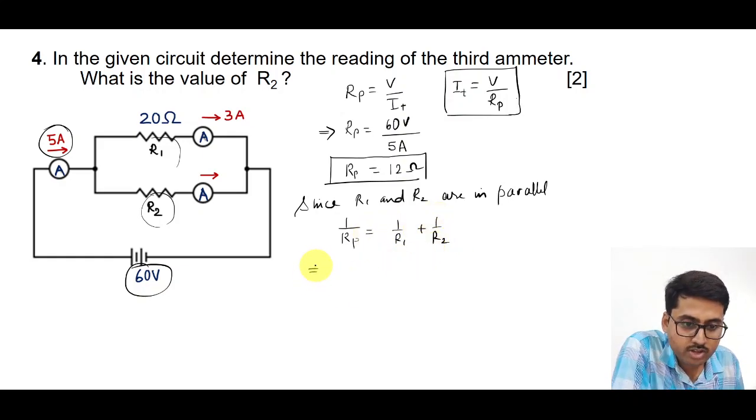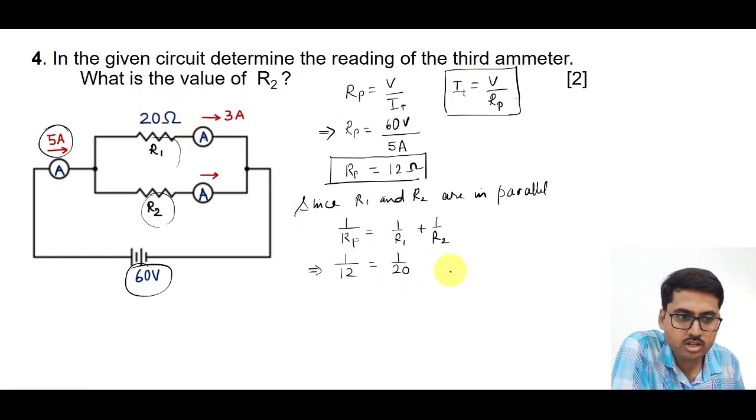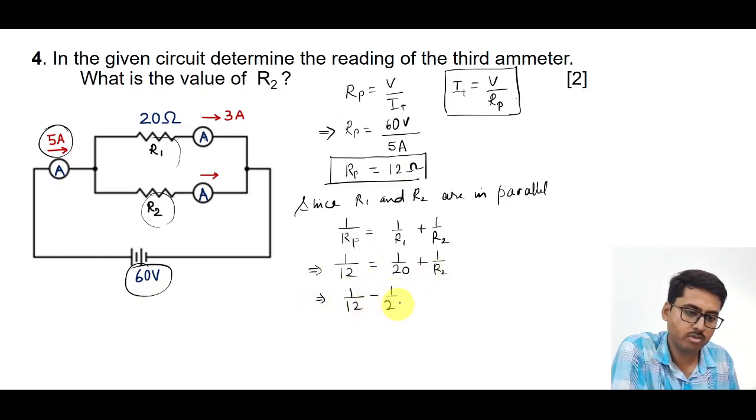We put in the value of RP that we have got, that is 1 by 12 is equal to 1 by 20. R1 is 20 over here and R2 is what we need to find. If you put in the values and solve the linear equation, 1 by 12 minus 1 by 20 is 1 by R2.